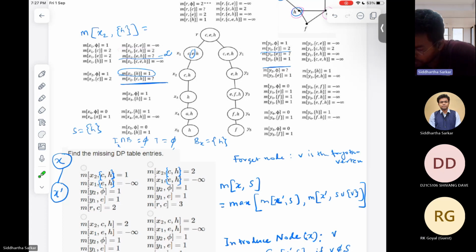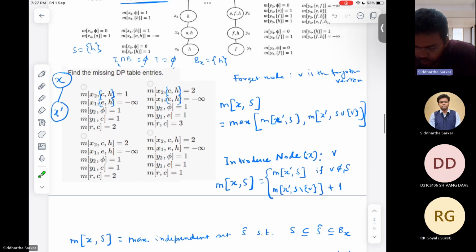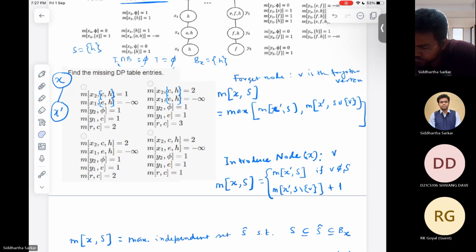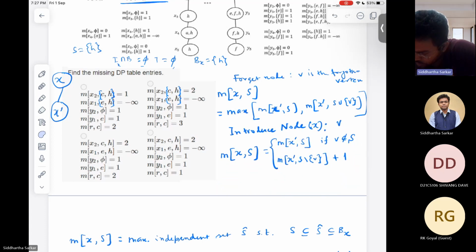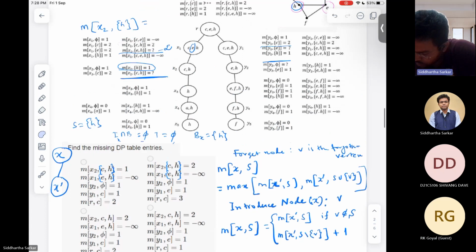Oh, the rule is not visible to you, so I'll push this thing slightly up so that both the rules are visible. Okay, so this is the rule for the introduce node.